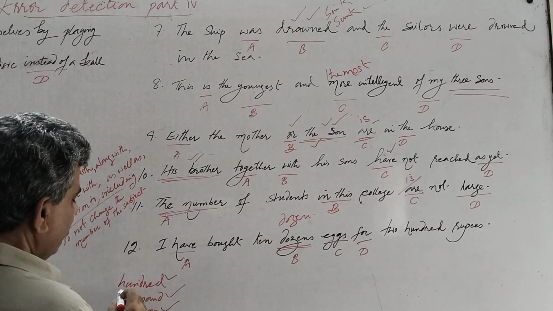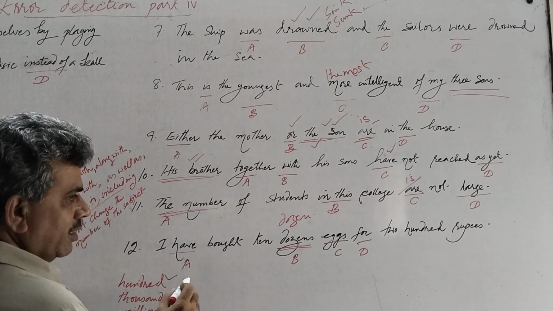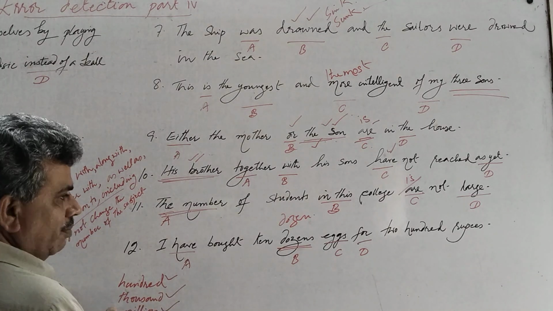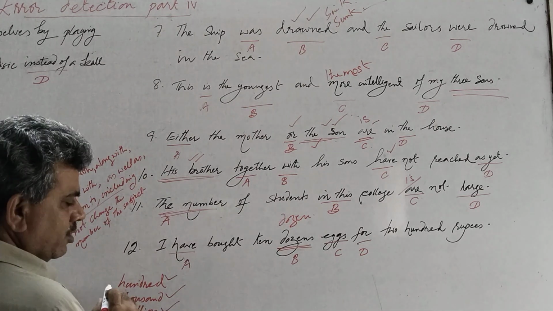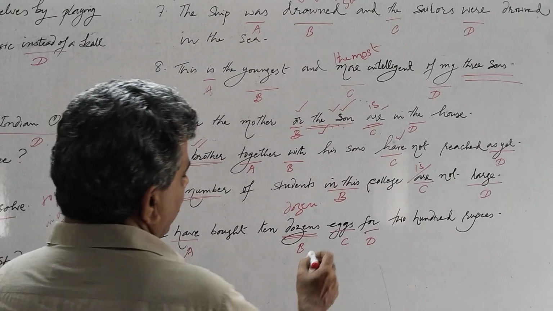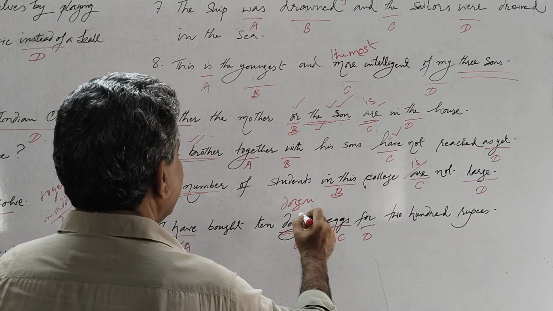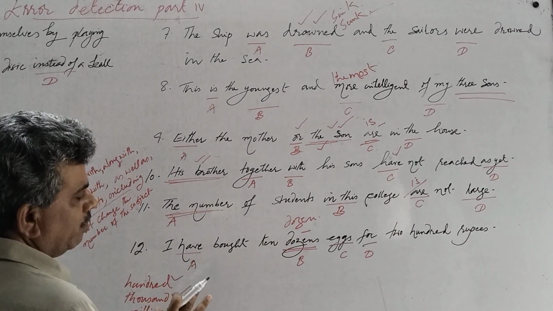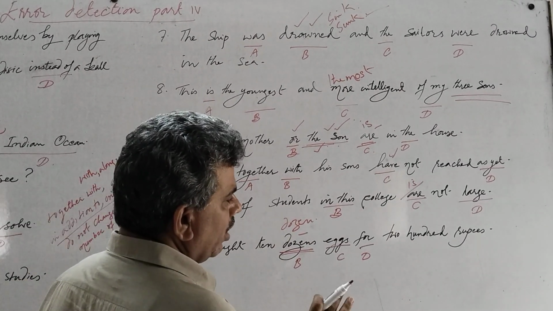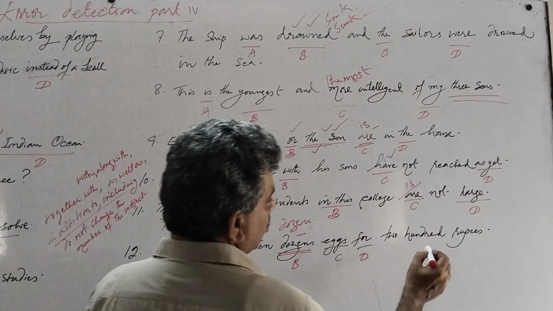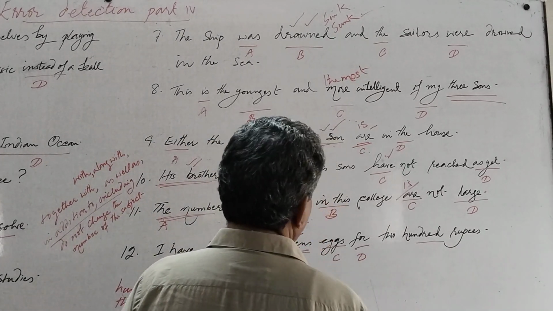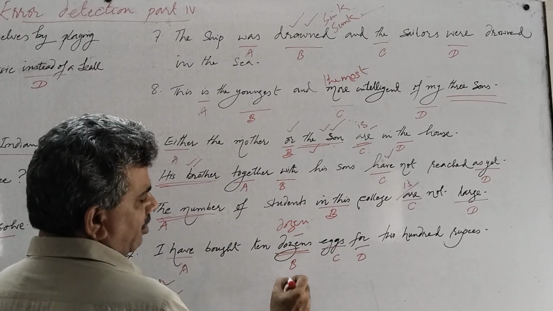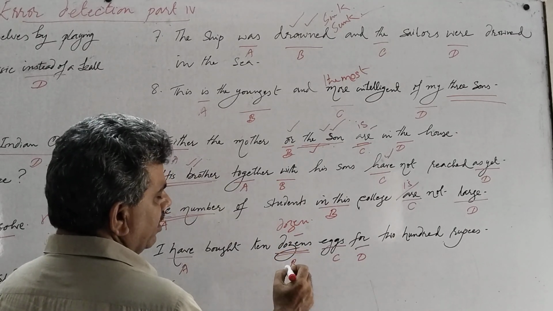In the same way, we should write 200 rupees, not 200s rupees. 3000 rupees, not 3000s rupees. 2 millions rupees, not, but 2 million rupees. So, we should remove dozens from here and keep the word dozen here. So the correct sentence would be I have bought 10 dozen eggs for 200 rupees. This is correct. And dozens is incorrect. So our mistake is there at the option B.